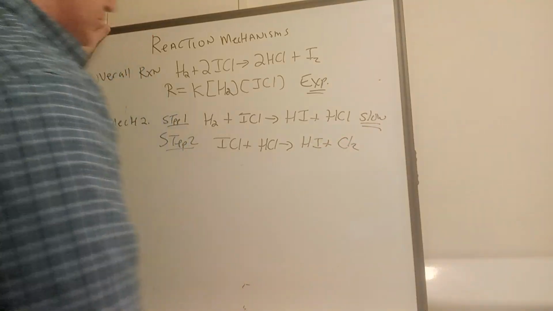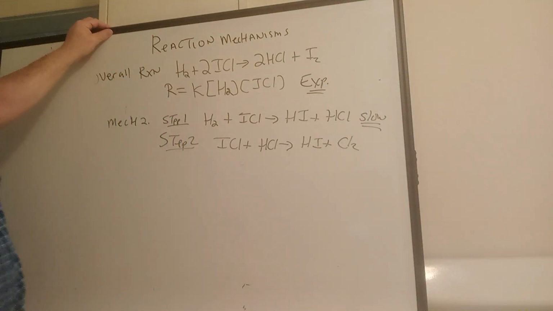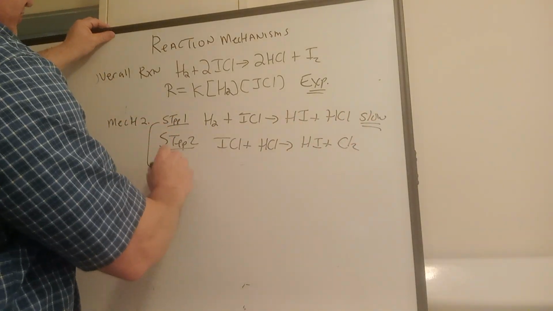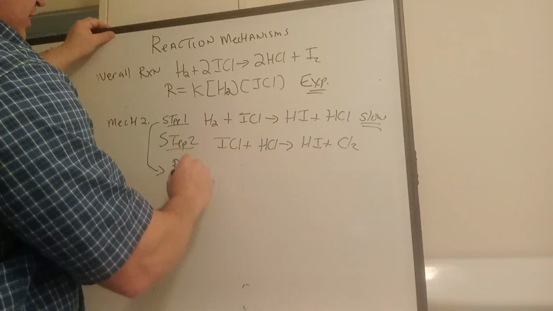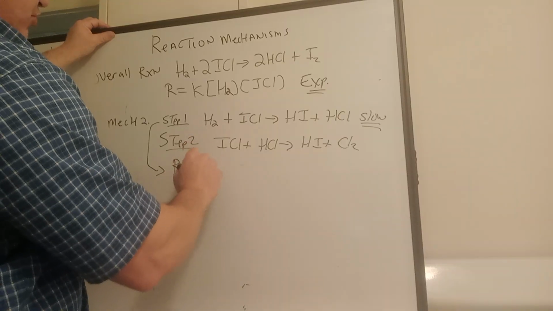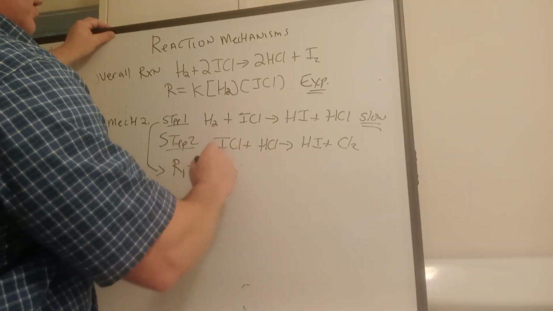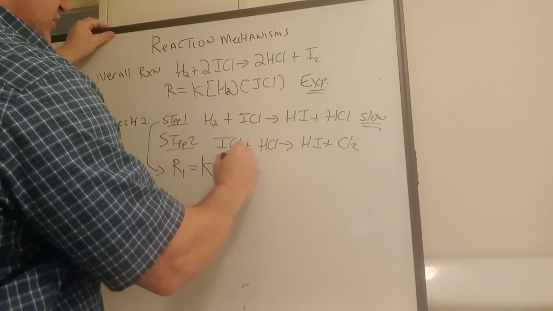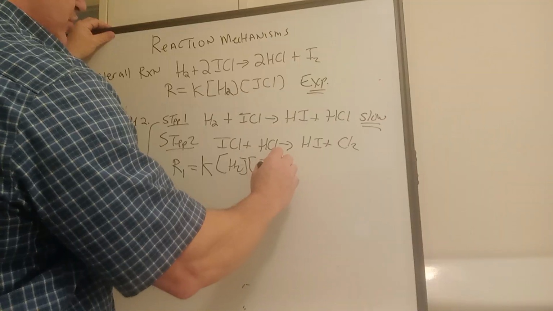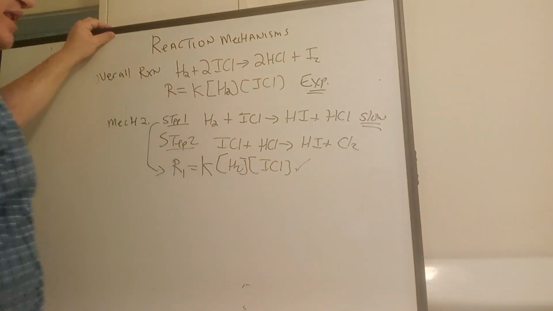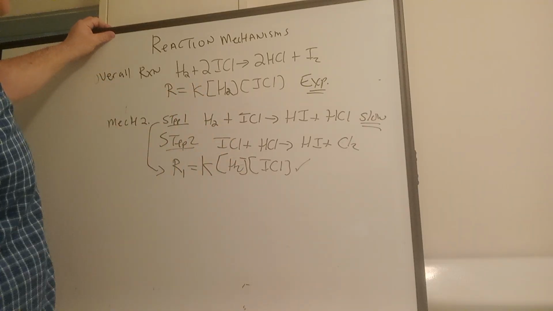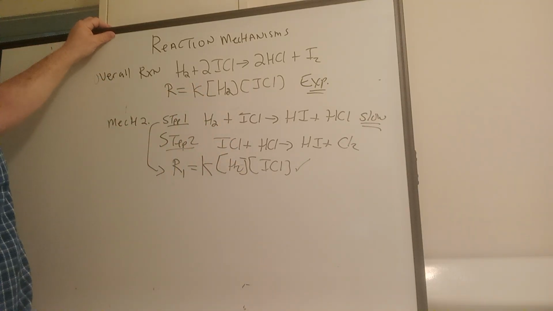Everything's in the gas phase, just like before. First thing is this is a slow step, so the slow step is the rate determining step. So for step 1, a rate law would look like k[H2] to the first power, there's a 1 here, you can imagine, and [ICl]. Well, that's good. That checks a box. This agrees with the experimental rate law.